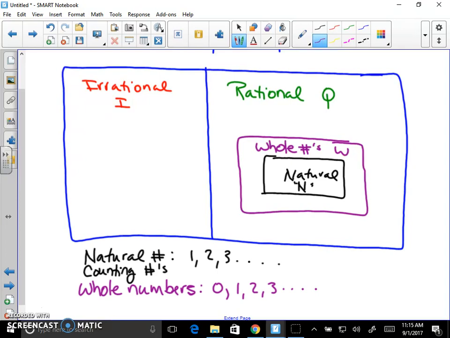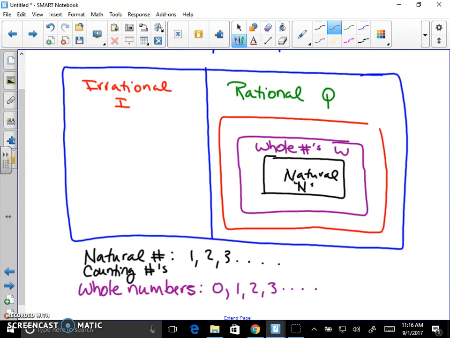Okay? And then the next one would be, let's change the color up there. Let's do our integers. We already have red, don't we? And we'll have to keep on using it.